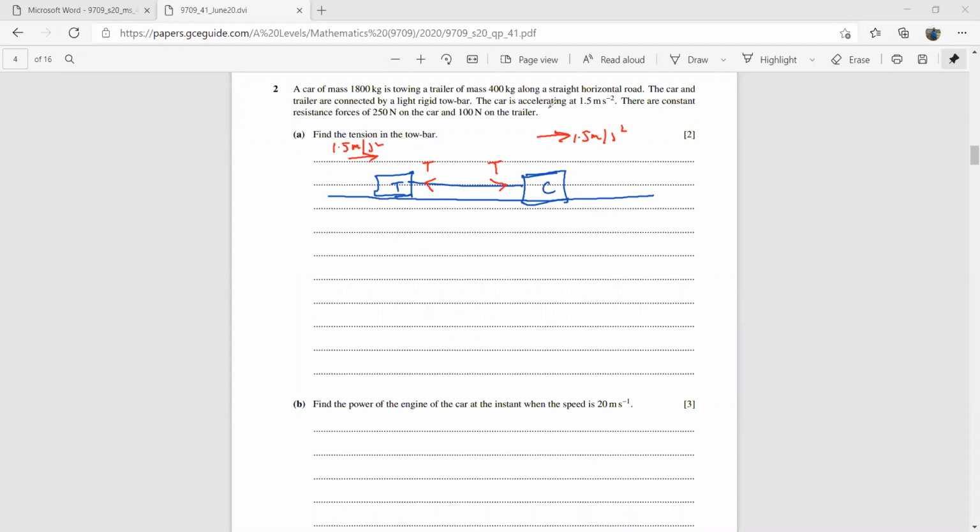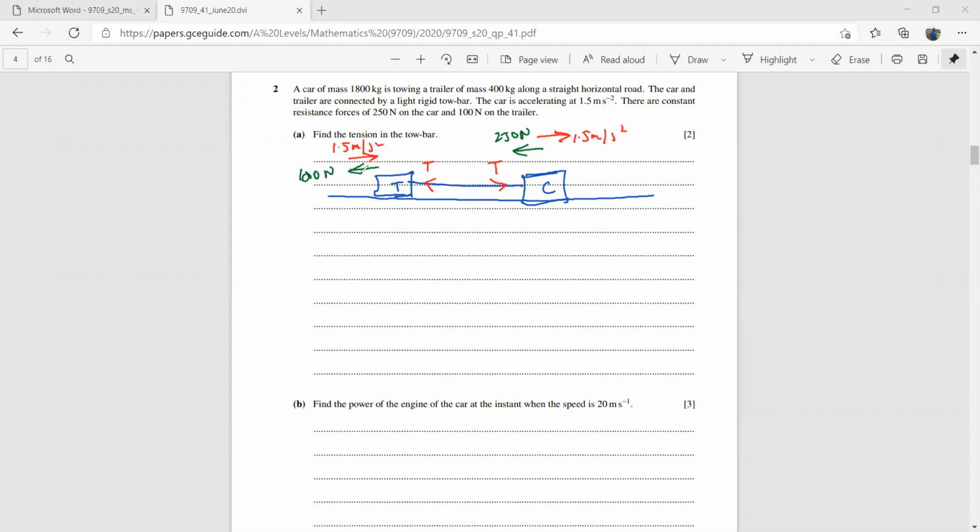Next, it says there are constant resistance forces of 250 newtons and 100 newtons. On the car, there is 250 newtons backward, and there is a backward 100 newton force on the trailer.